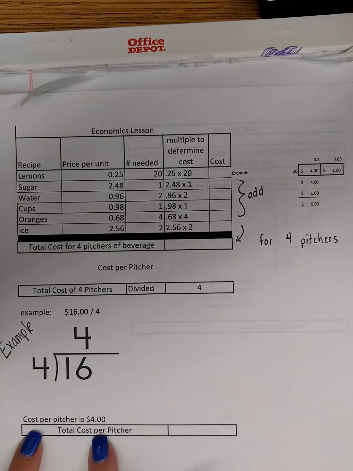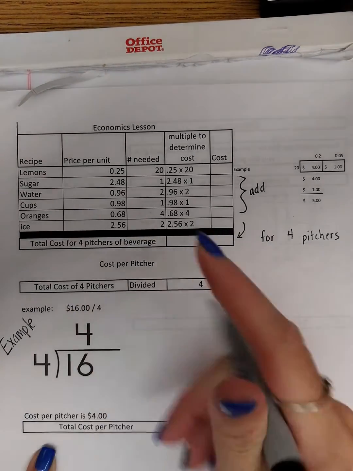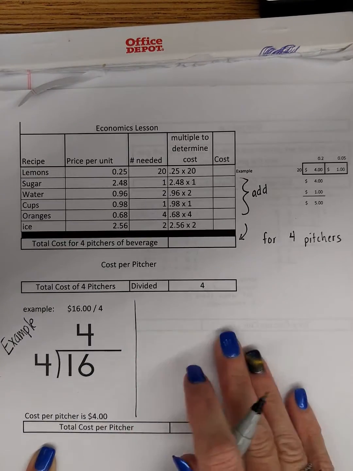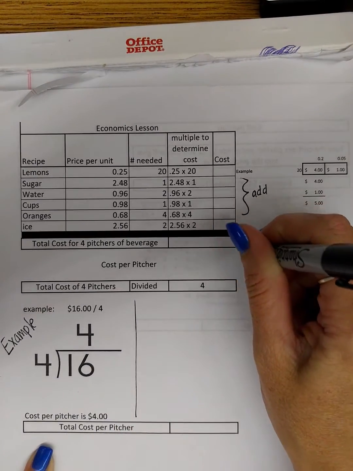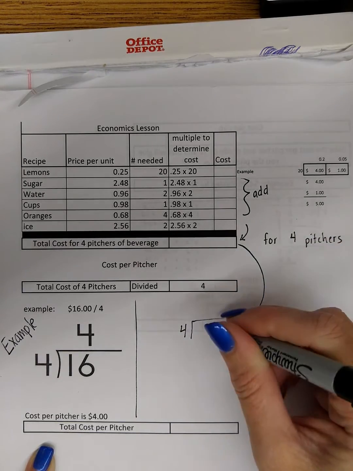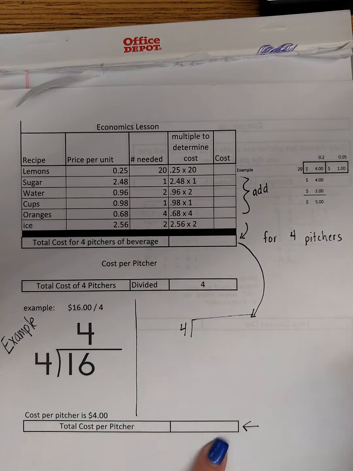So the cost per picture would be $4. Here's where they're going to do their division to figure out the cost for theirs. So they would take this number and divide it by 4 to get their cost per picture, which goes here.